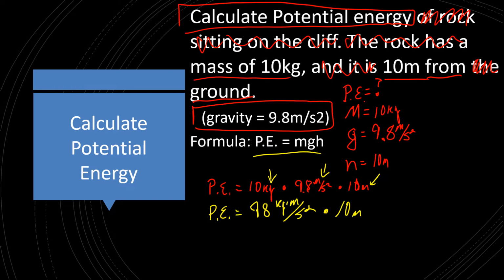This is fairly simple now. So potential energy is equal to 980 joules. A really easy equation right there.